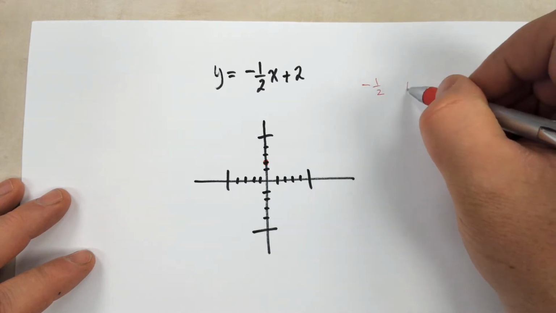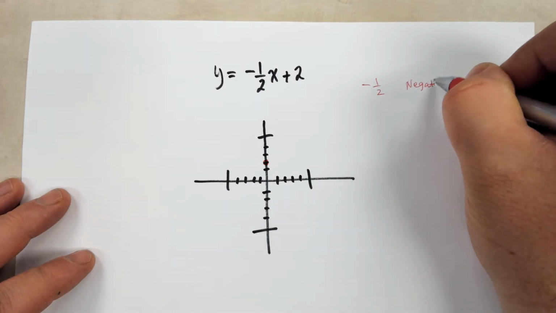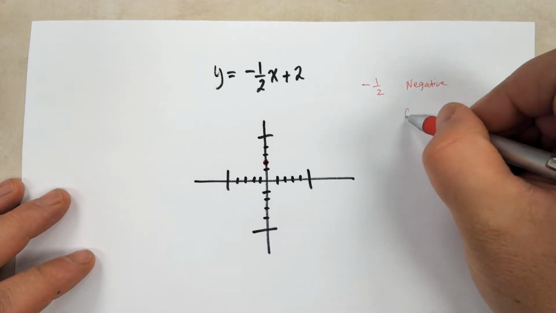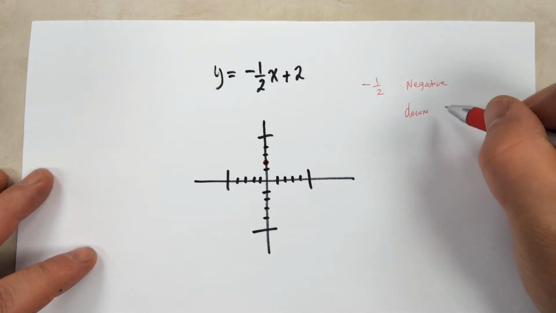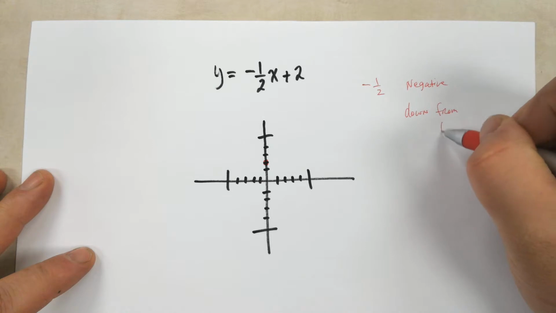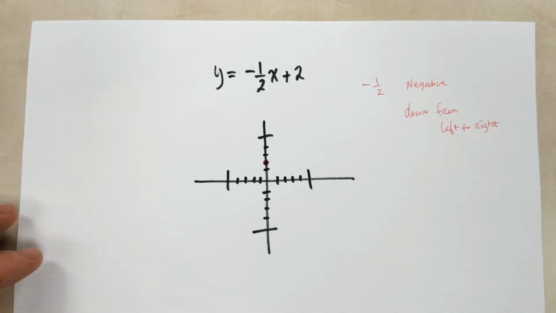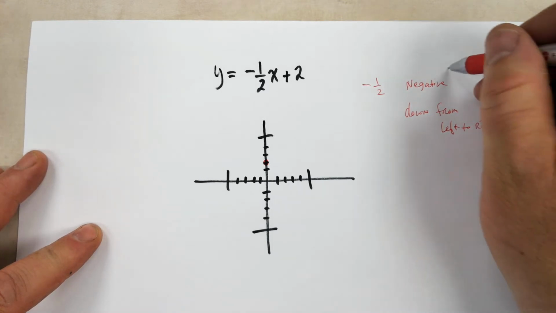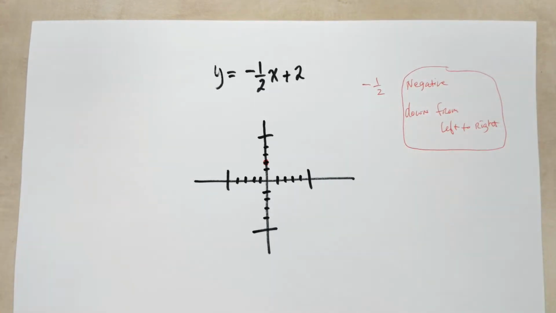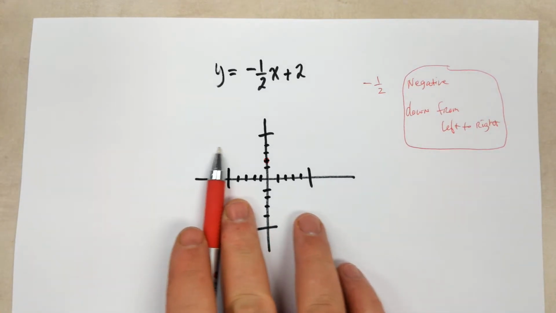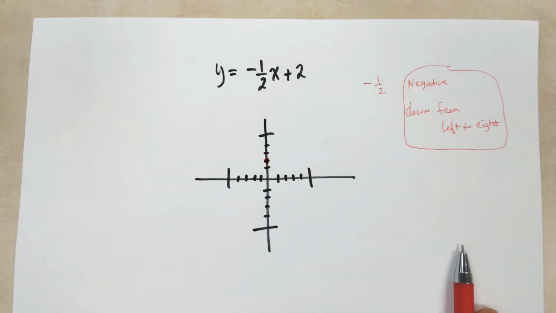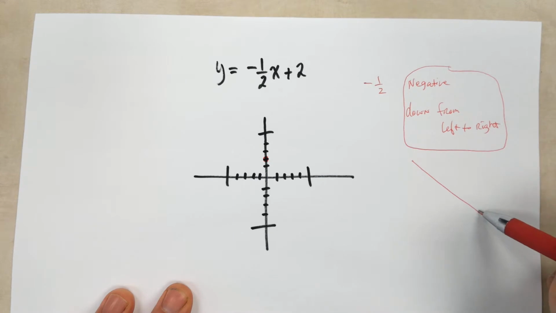You see, that's a negative slope. Negative slopes go down from left to right. So you have to be really careful. If it's negative, it's going to go down. If you're reading it from left to right, the line's going down. So it's going to look like this.